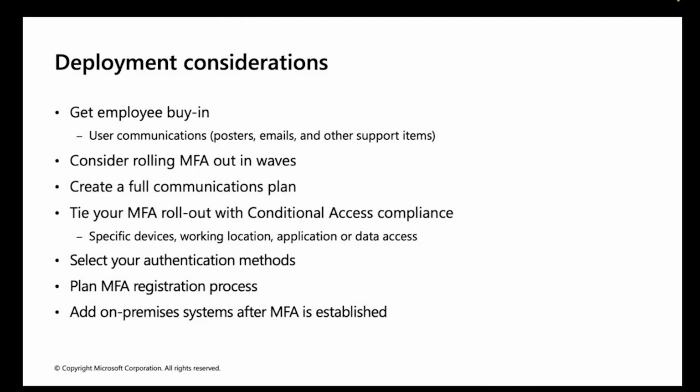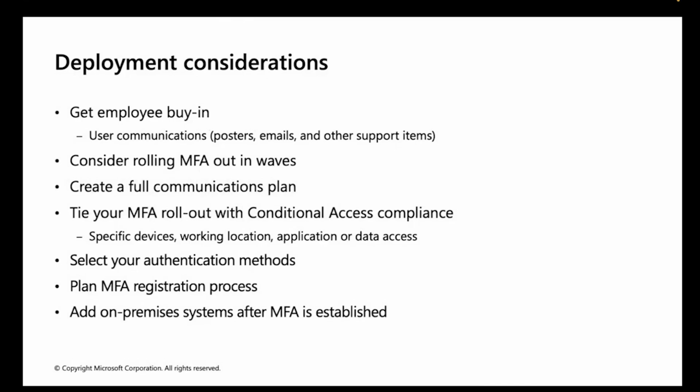You have to also plan for MFA registration. See, enabling MFA for a user from the Entra ID page or from M365 is not sufficient because that is the enrollment process. You are enrolling the user for MFA. Then after, the user needs to perform the MFA registration activity. And that registration activity will be completed by your employees, your users, depending on what kind of authentication methods they have.